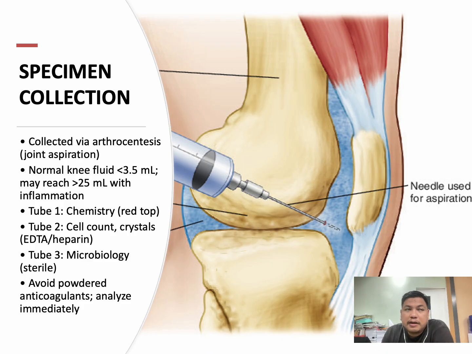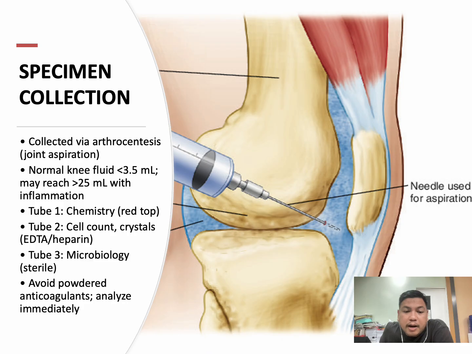But in cases of inflammation or infection, the volume of synovial fluid in our knees may reach up to 25 ml. The inflammation of our knee signifies that there is an underlying cause, probably a fungal or bacterial infection.